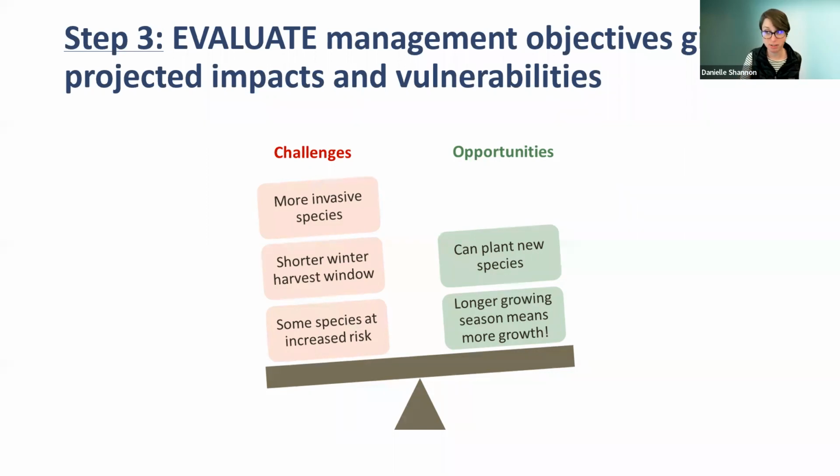Like, those are huge challenges, right? But on the flip side, there are some opportunities in that if you have warmer conditions that are lasting for a longer period of time, and maybe greater amounts of moisture at different times of the year, you might be able to get away with planting new species that are more adapted to those conditions. And that longer growing season could also play into your benefit, because it could mean more growth.